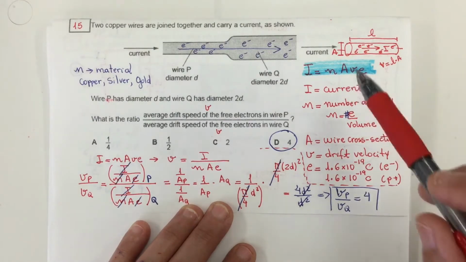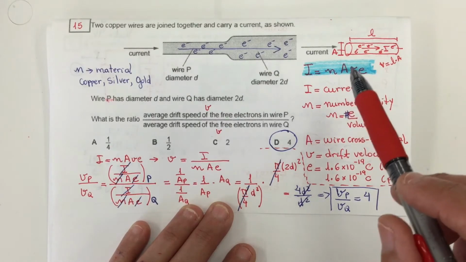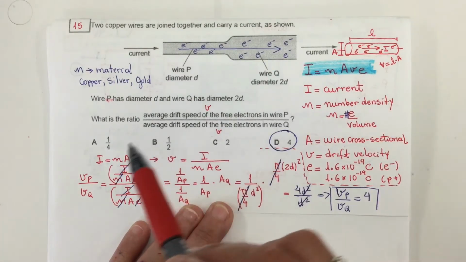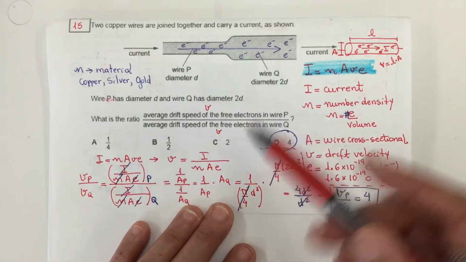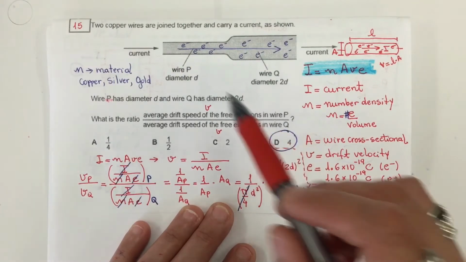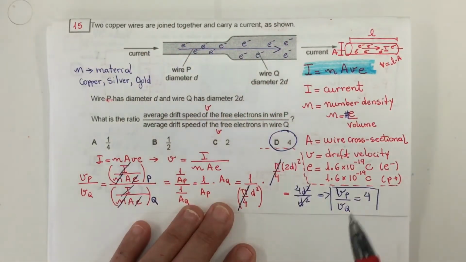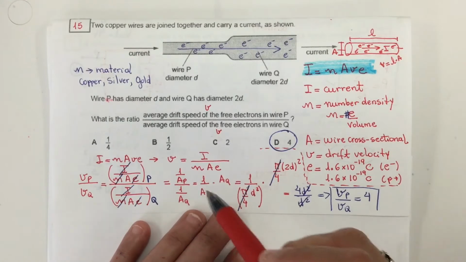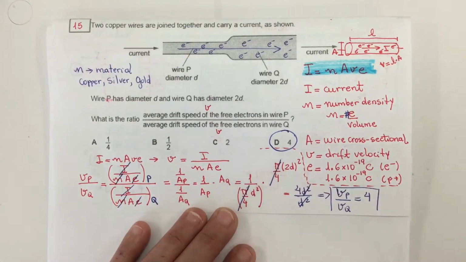Once you understand all those terms, you can derive a formula for drift velocity and find the ratio between the drift velocity of section wire P over section wire Q. I always have problems saying Q. And then you just eliminate all those terms that are equal.